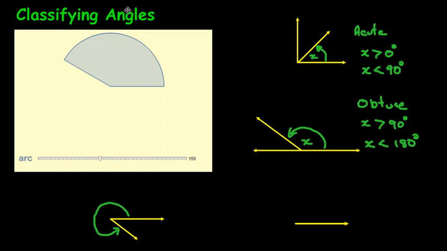So let's define our reflex angle as being, and once again we'll call it x. X would be bigger than 180 degrees, but x must be less than 360 degrees.